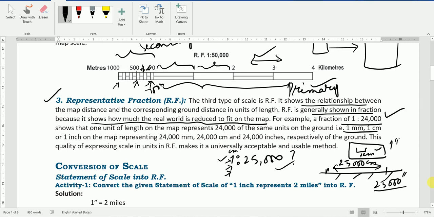So in this case, a distance of 24,000 centimeters on the ground is reduced to 1 centimeter on the map. So we have to read it like this. In this case, a distance of 25,000 centimeters on the ground has been reduced to a distance of 1 centimeter on the map. This is the way of reading the representative fraction.